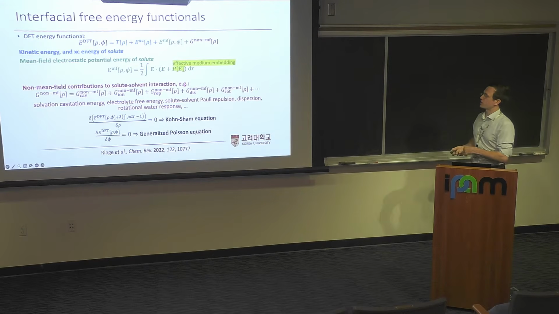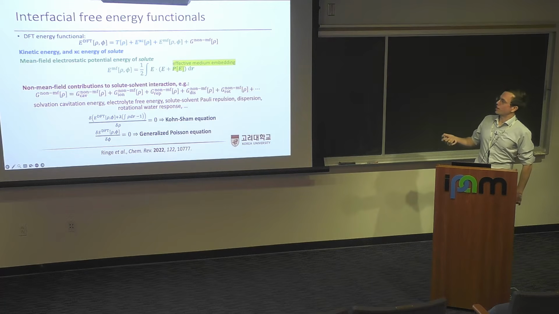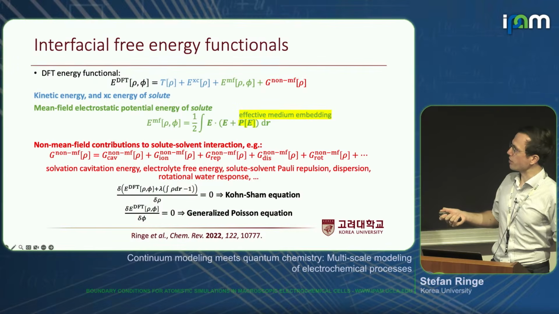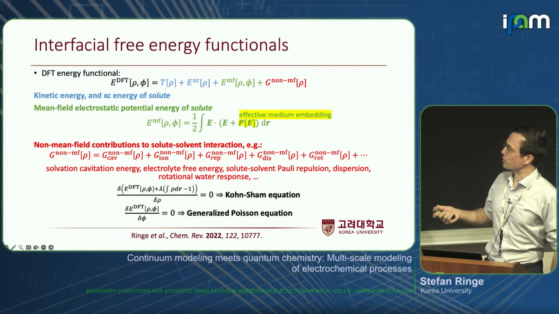And then for the continuum models, what we generally do is we construct a free energy functional. So in DFT, we have these regular parts here. I wrote it down as a function of density alone, just for simplicity. Of course, in practice, we do Kohn-Sham, but just for simplicity, I wrote everything with rho.